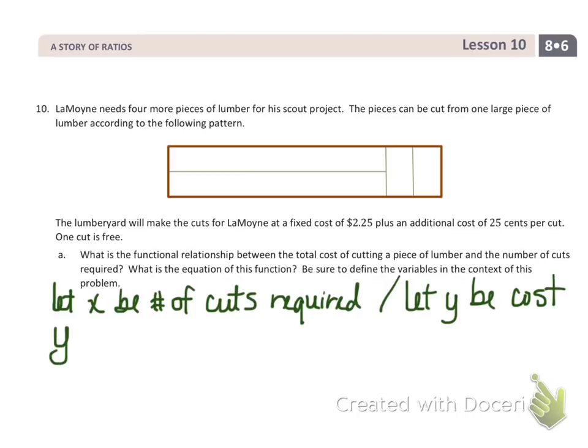The total cost is going to be $2.25 plus the additional cost of 25 cents per cut after the first cut. So I don't have to pay for all X cuts, but I do have to pay for X minus 1 cuts, okay, because one's going to be free, and then I'm going to multiply that by 0.25.